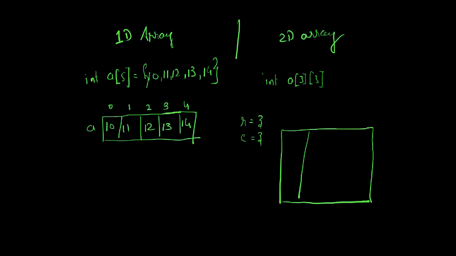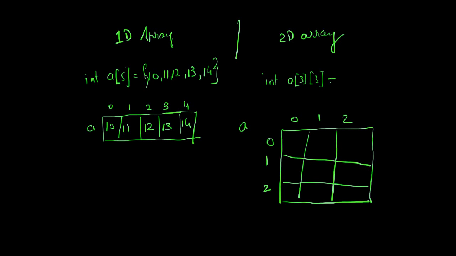Here we have 3 columns and now come the 3 rows. The name of the array is A, and the indexes of the columns are 0, 1, 2 and the indexes of the rows are 0, 1 and 2.